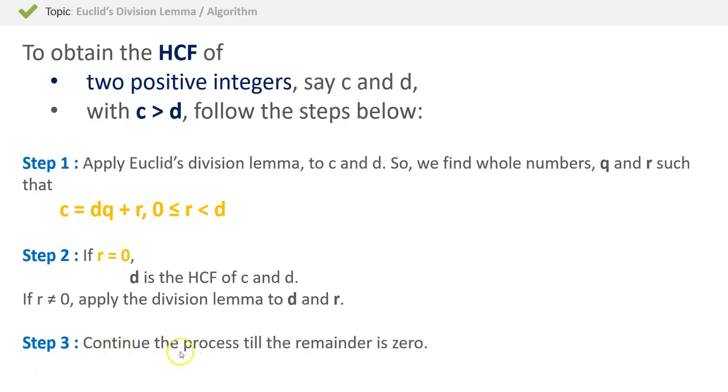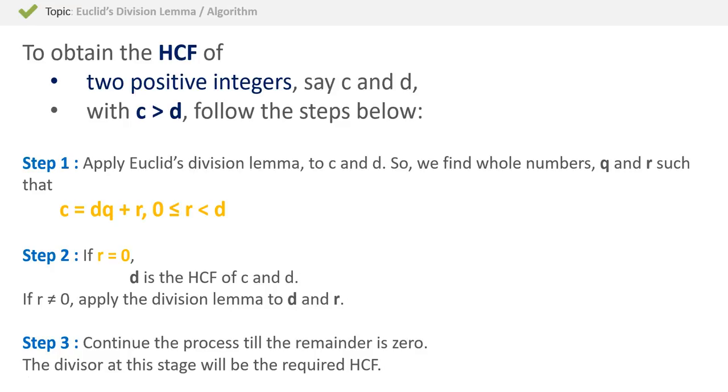Step 3: continue this process till you get remainder as 0. And once you get remainder as 0, the divisor at this stage will be the required HCF. So that's pretty much Euclid's division lemma or algorithm.